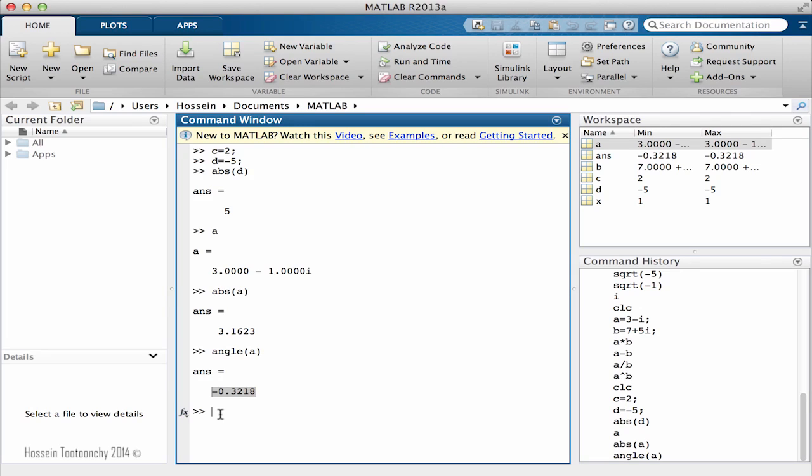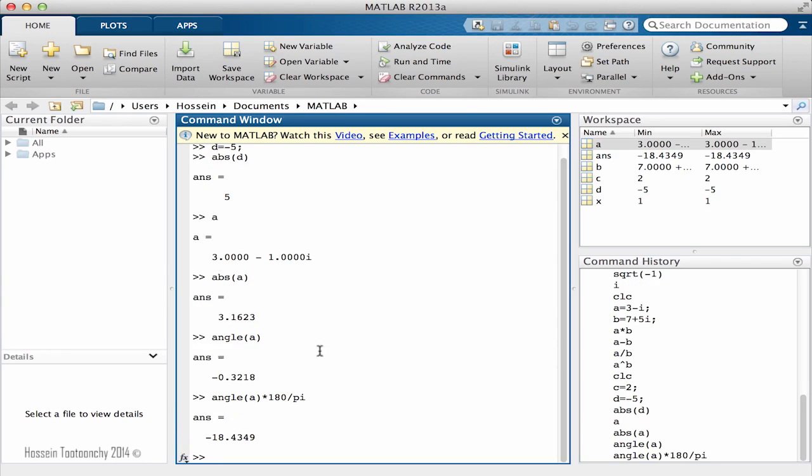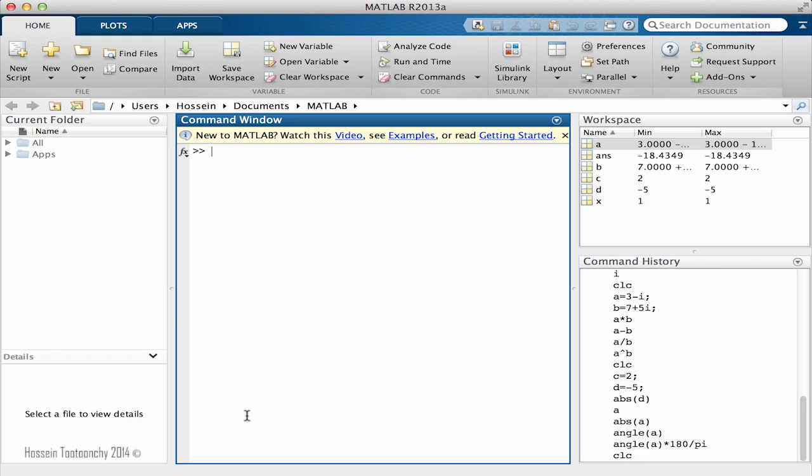So if you want to have that in degrees, what you're going to do is multiply this by 180 and divide by pi. If you do that, now the result is in degrees. Let me clear up the screen. So we learned about the absolute value. We learned about the angle, which defines the angle between the complex and real part.